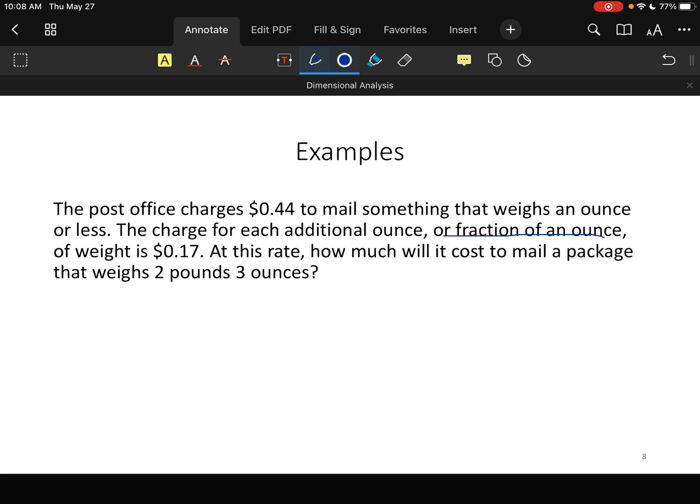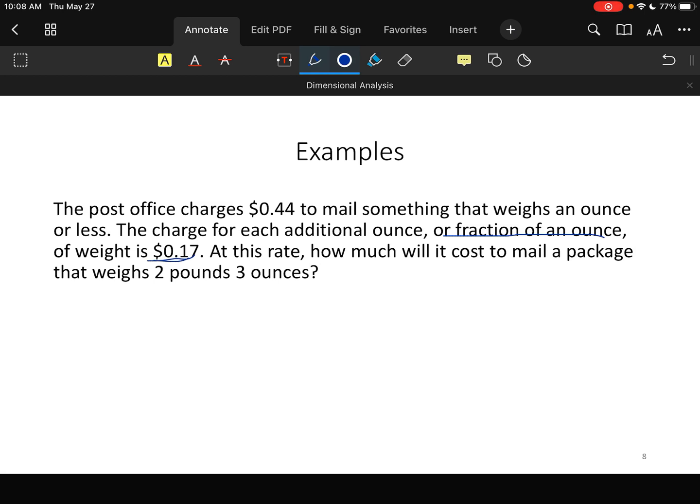It doesn't matter how much of that fraction is, but if it's a fraction of an ounce over that 1 ounce, you're going to be charged an additional 17 cents. And it says, at this rate, how much will it cost to mail a package that weighs 2 pounds, 3 ounces?